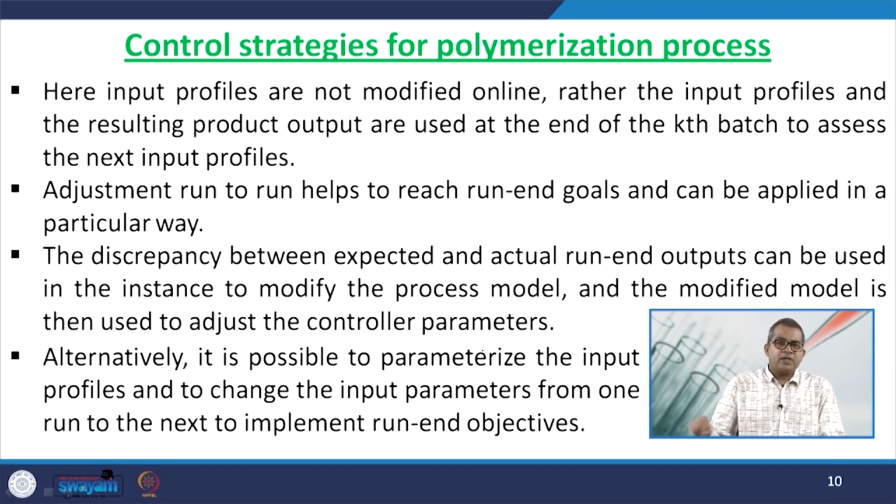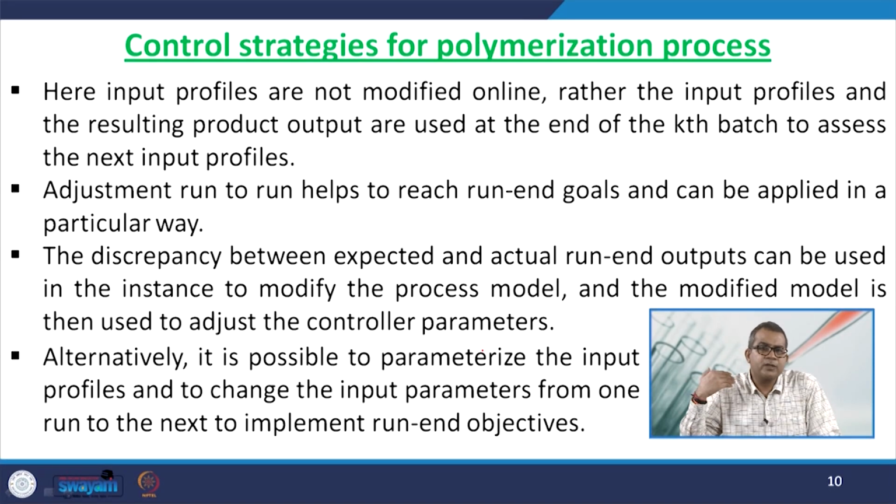Now, sometimes the run-to-run adjustment helps to reach the run-end goals, and it can be applied in different ways, which is usually determined by the end product profiling. There may be certain discrepancy in that particular process.